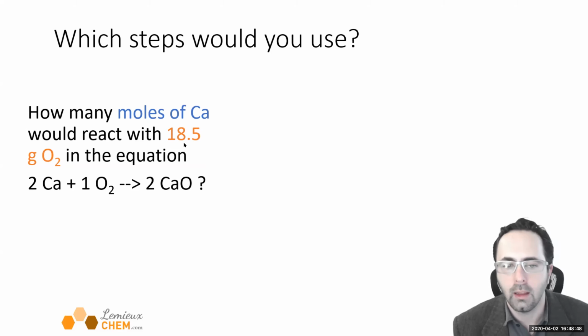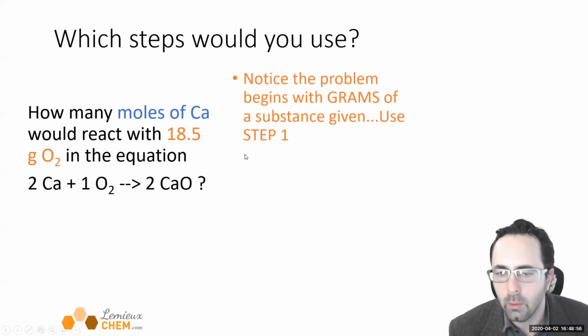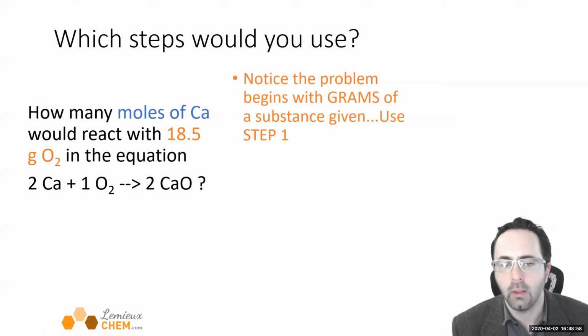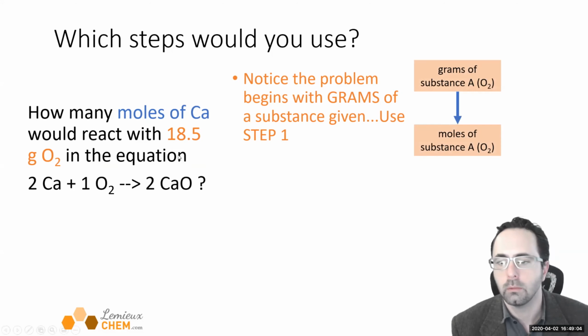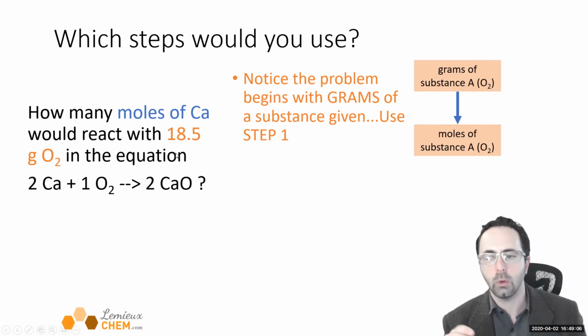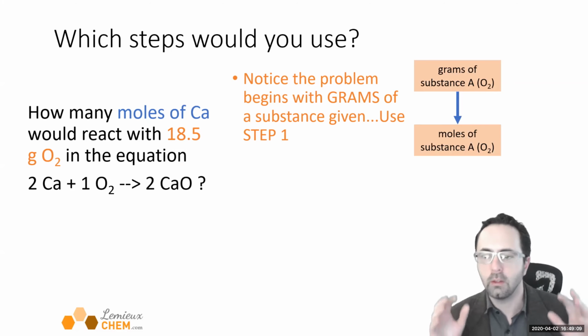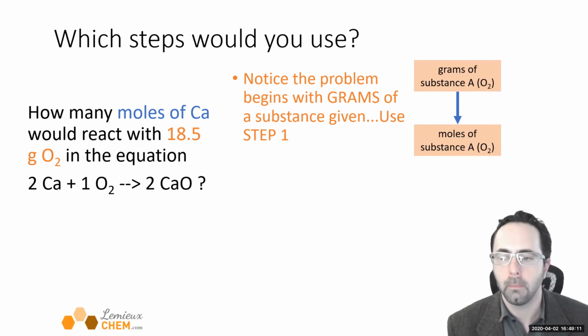We're starting here with grams of O2. That's our beginning, grams of O2 right here. So we're beginning with grams, and we'll use step 1. We'll get from grams of O2 to moles of O2, so grams of substance A, which is O2 in this case, to moles of substance A.